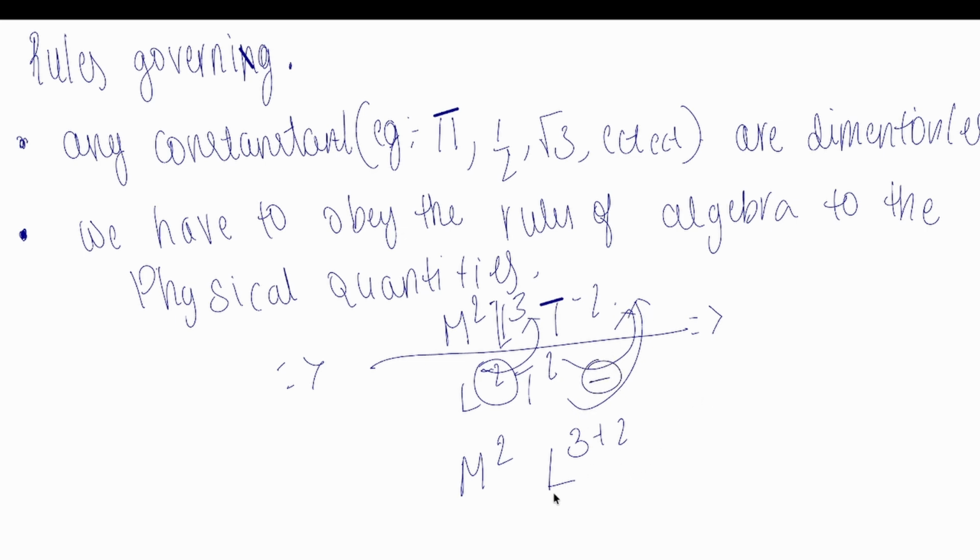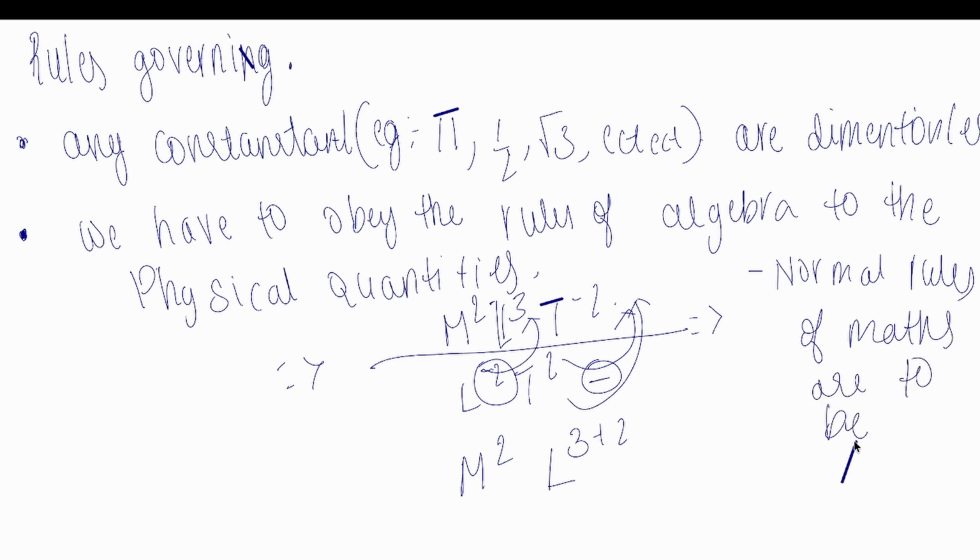So what the definition meant was, we have to follow the normal rules of mathematics. So let's continue. If minus 2 goes up, it becomes plus 2, and T power minus 2 was plus 2, so it should become minus 2.